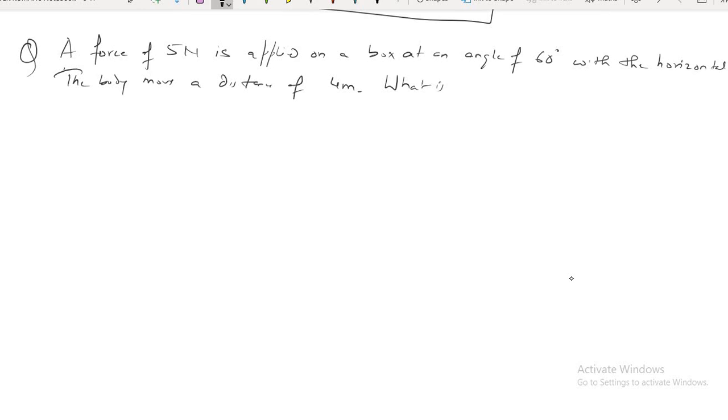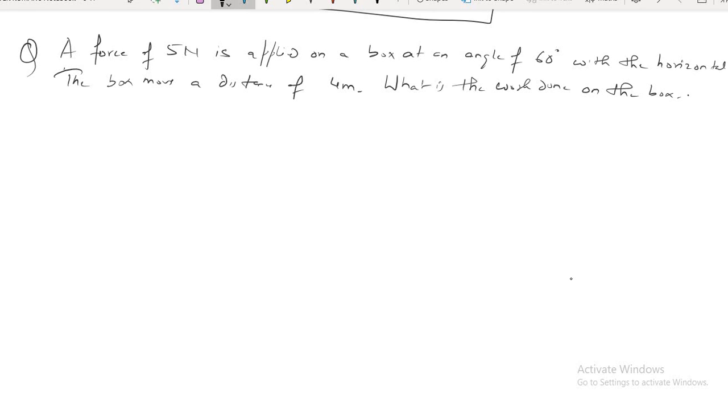What is the work done on the box? Don't write body here, rather write it as box. So the question is: a force of 5 Newton is applied on a box at an angle of 60 degrees with the horizontal. The box moves a distance of 4 meters. What is the work done on the box?